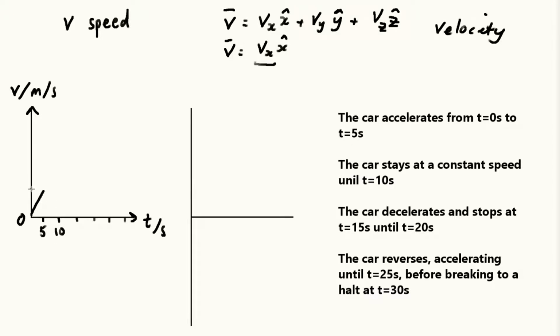This means that we will stay at the same height on our speed time diagram. After this, the car decelerates and comes to a stop at t equals 15 seconds. Therefore, we shall draw 15 seconds on here, and then our car is going to decelerate, which means the speed will decrease until there is no speed again.